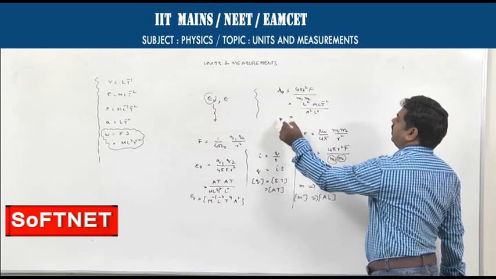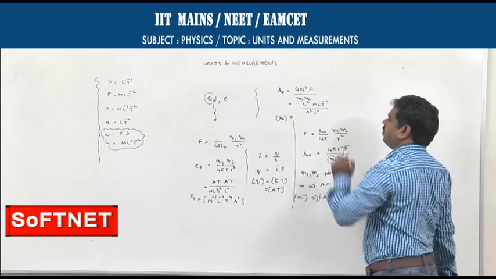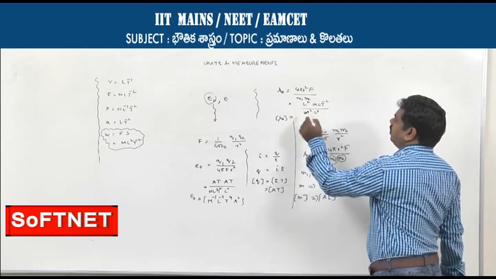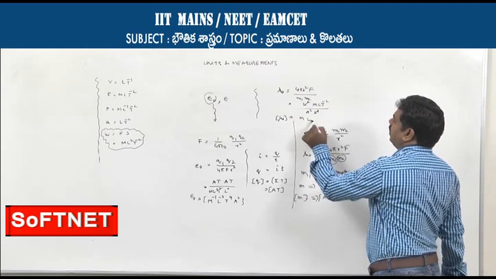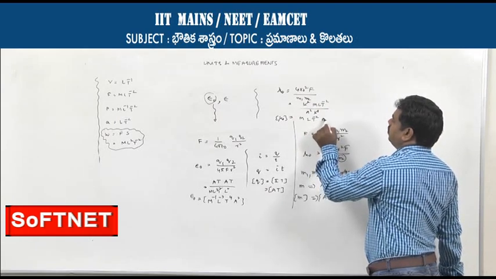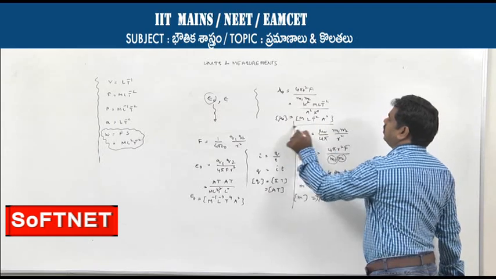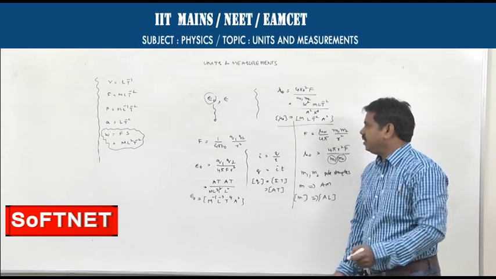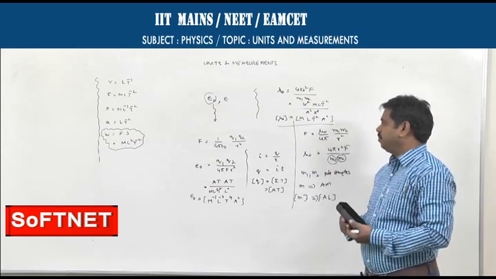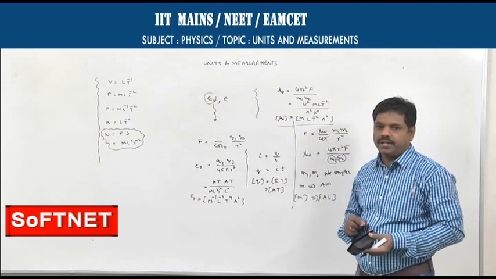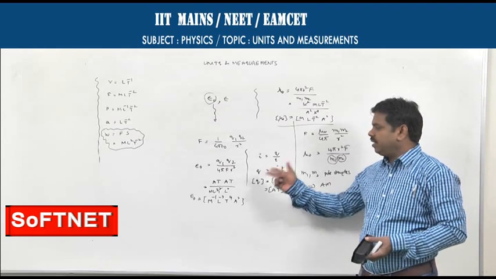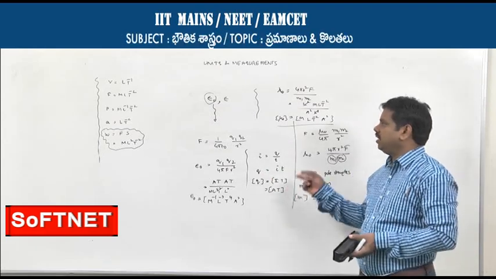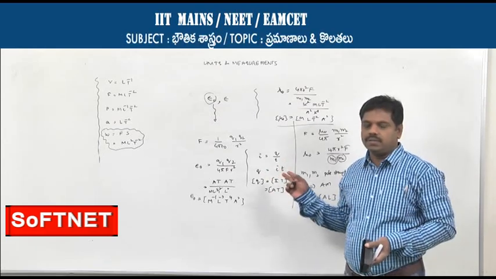And finally what do you get? Mu naught dimensional formula is equal to M, L square gets cancelled, L T power minus 2 and A power minus 2. This is the dimensional formula of the permeability of the free space or air. And like this, we can get the different kinds of physical quantities which are involved in electricity and also magnetism.